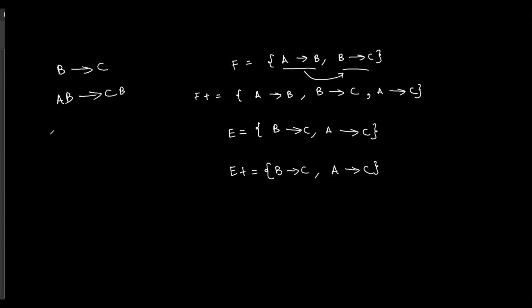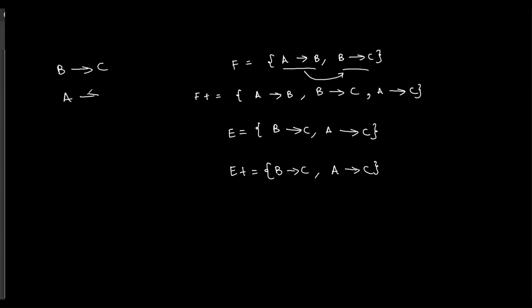Then AB will be functionally determining BC. You can say that, right? According to the reflexivity rule, AB functionally determines B, and AB functionally determines A. So I can say AB functionally determines C. So that's not a useful thing. Augmentation is not useful.